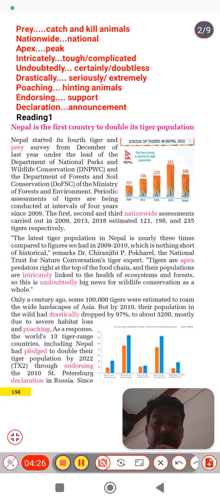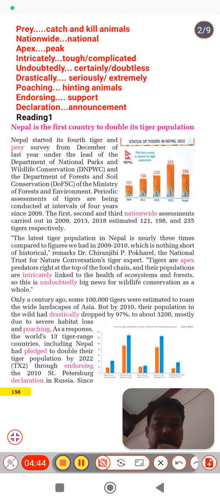So Nepal has started, students, its fourth tiger survey. Prey here means catch and hunting animals.